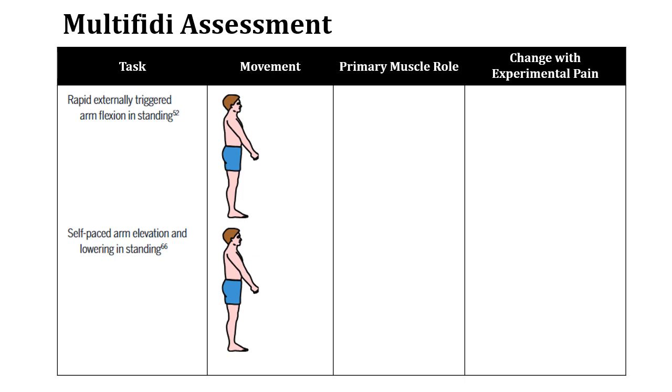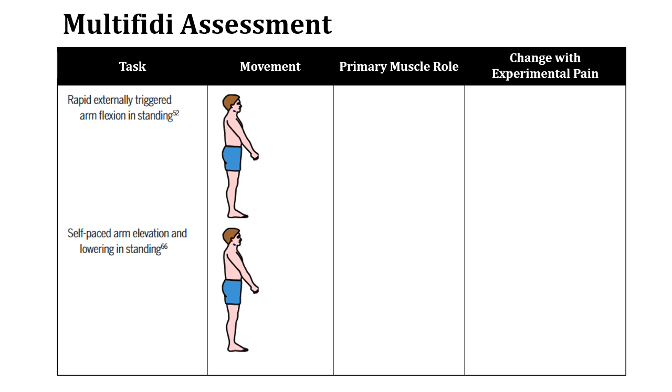Extensive numbers of studies have been done looking at the neuromuscular control and stabilization of the lumbar spine. In particular, if we're focusing in on the multifidi, there are several different studies that are consolidated here. So let's look at the different tasks. First, the rapid external triggered arm flexion in standing, the movement shown there.